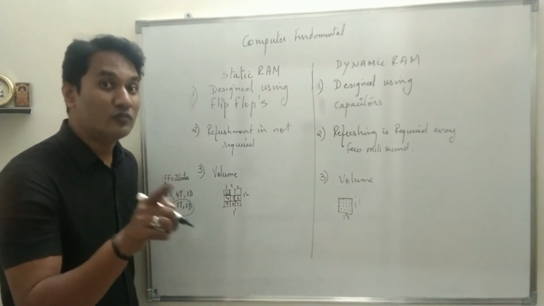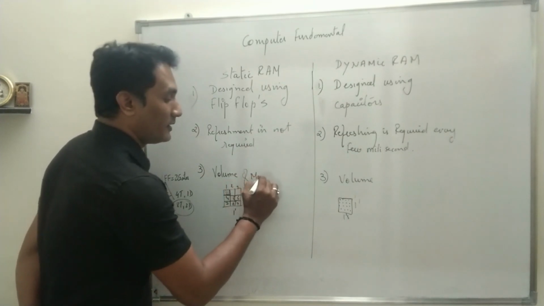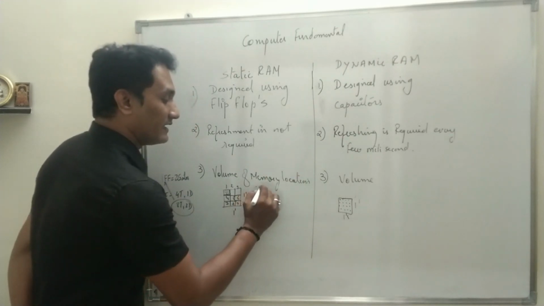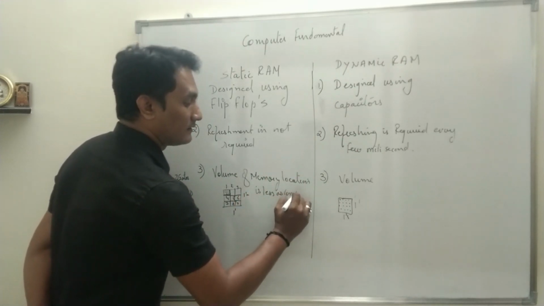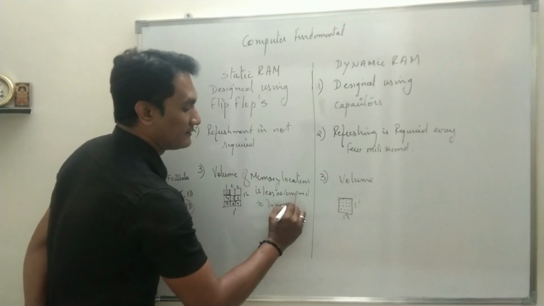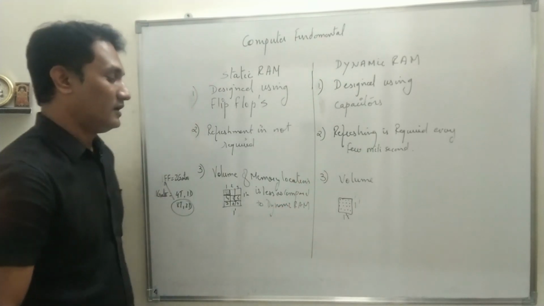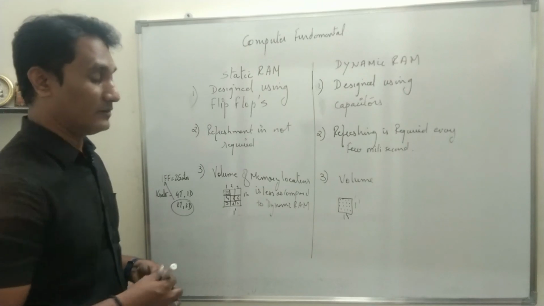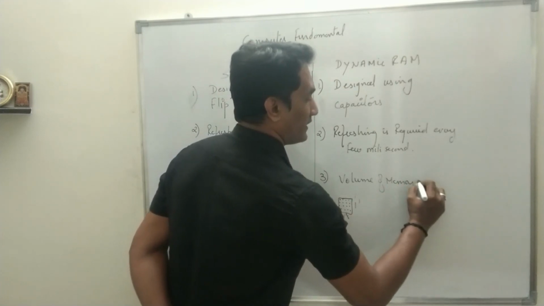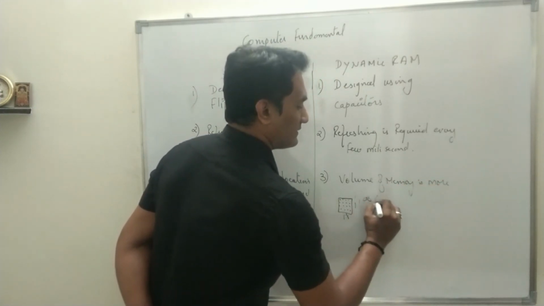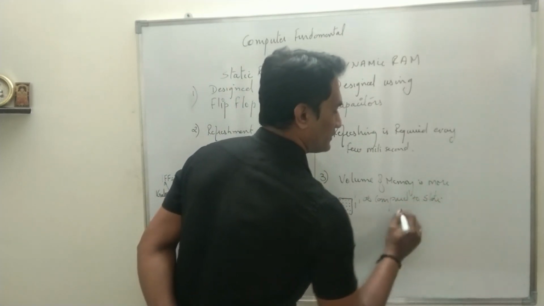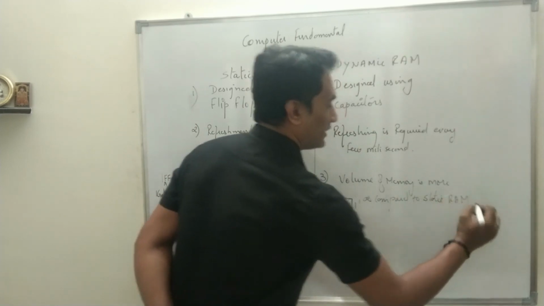So of course the volume of memory location is less as compared to dynamic RAM, whereas volume of memory is more as compared to static RAM.